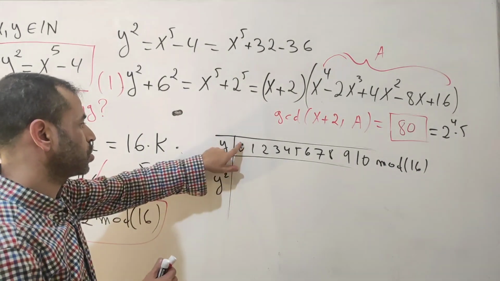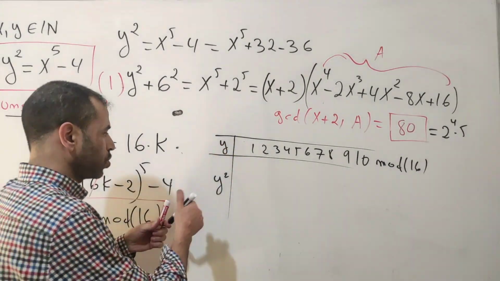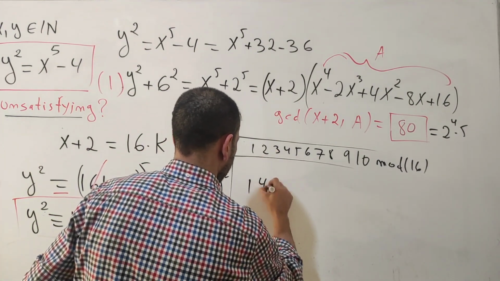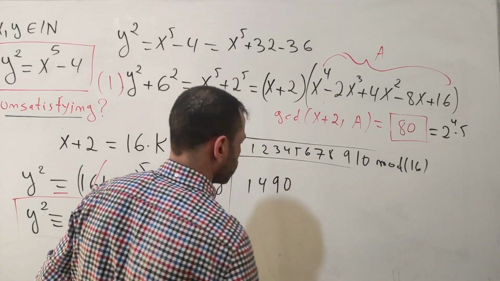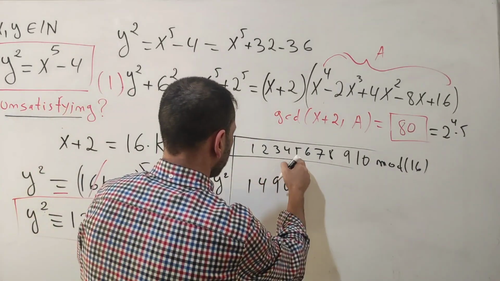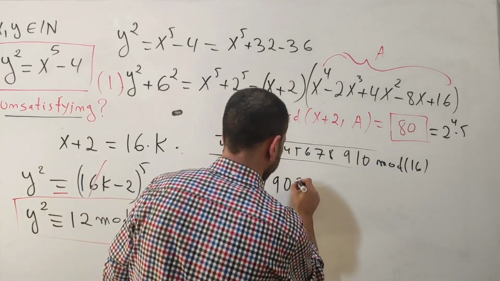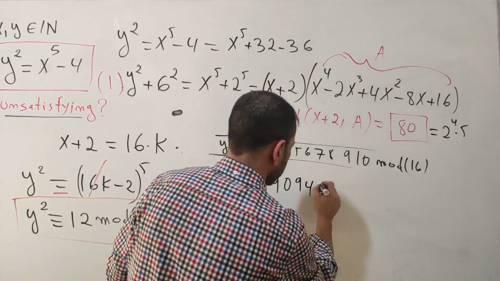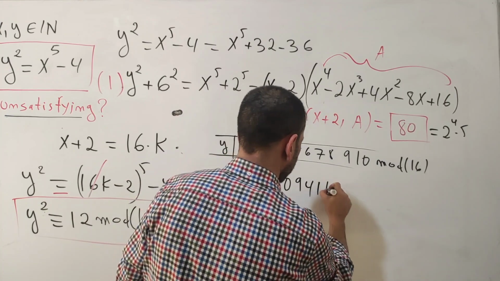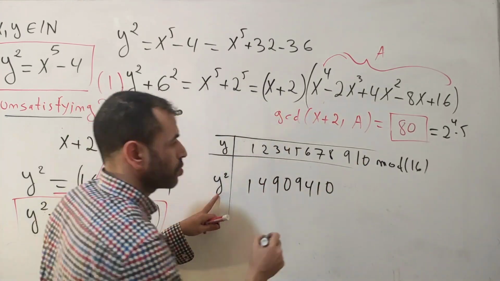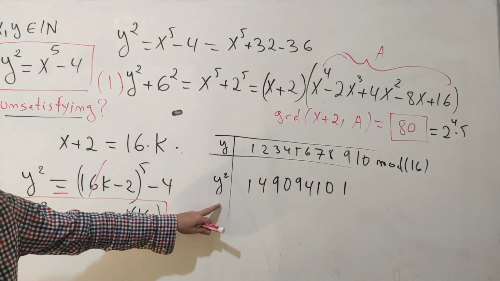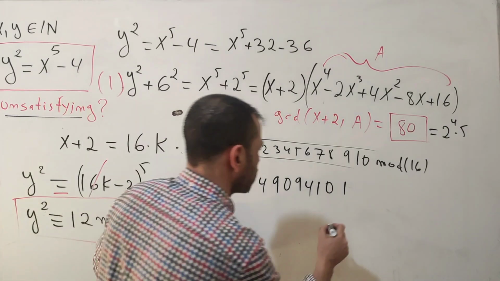So let's start with number 1. I get the following remainders: 1, I get 4, I get 9, I get 16, which is 0. I get 25, the remainder is 9, 36 remainder is 4, 49 remainder is 1, 64 remainder 0, 81 remainder 1, and 100, where 96 is divisible by 16, I get a remainder 4.